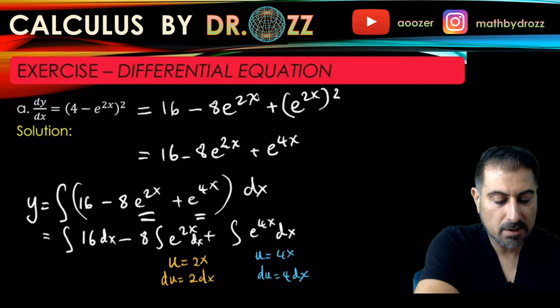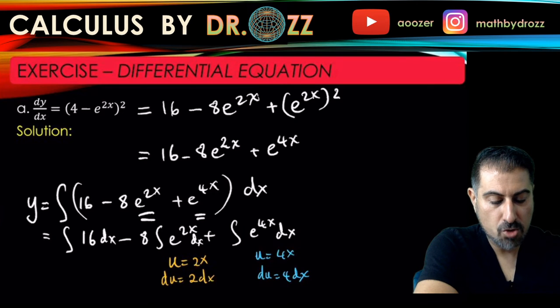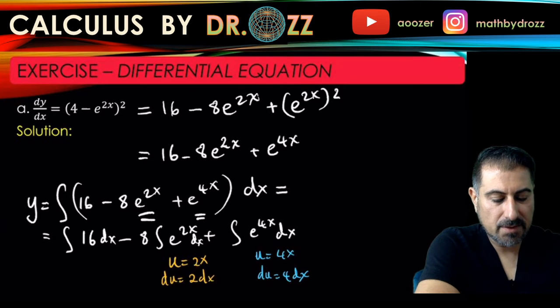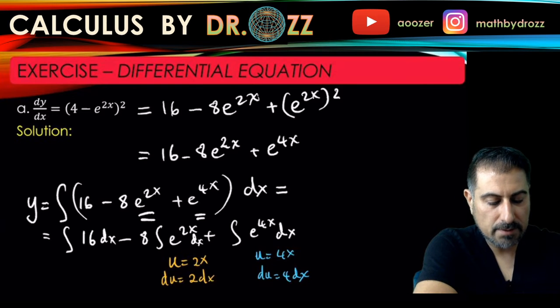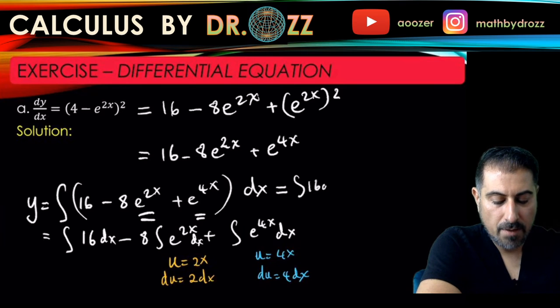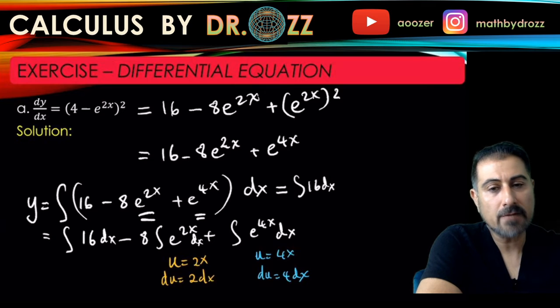Let me continue from here. I have 16 dx, 16 dx. Now I have du equals 2dx, so 1 dx is 1/2 du.